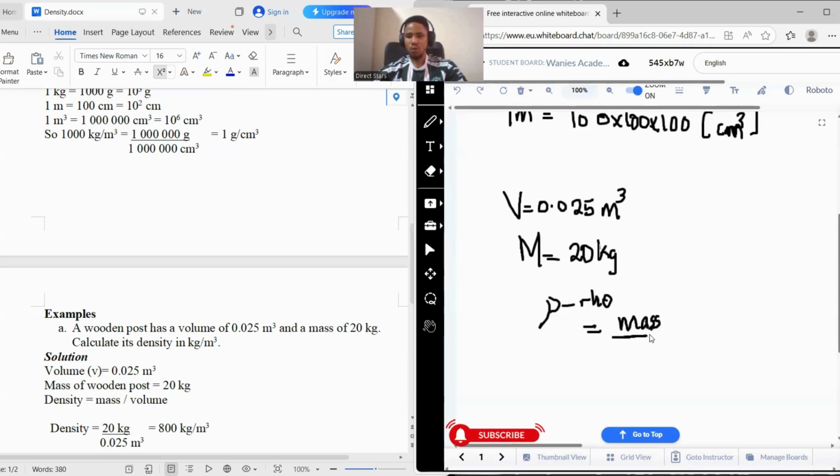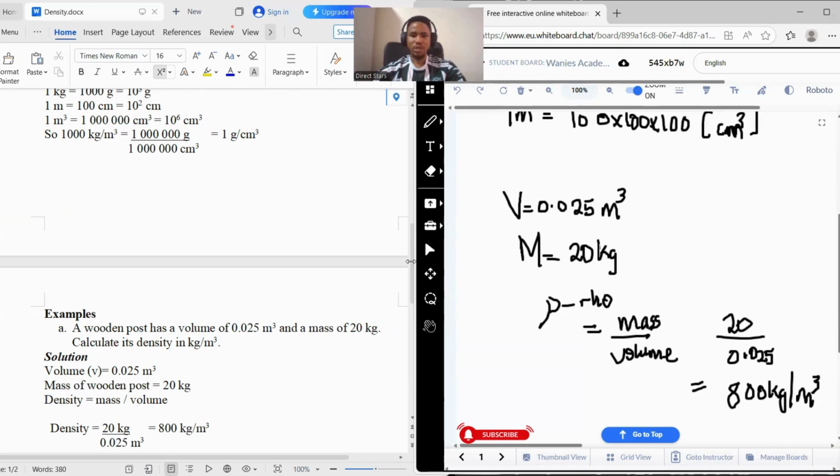Remember, the mass here is 20 kilogram, while the volume is 0.025. So the question is, what is 20 kilogram divided by 0.025 meter cube? Then our final answer is 800 kilogram per meter cube.